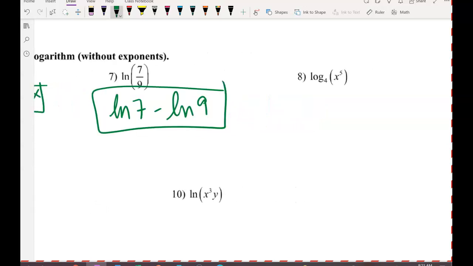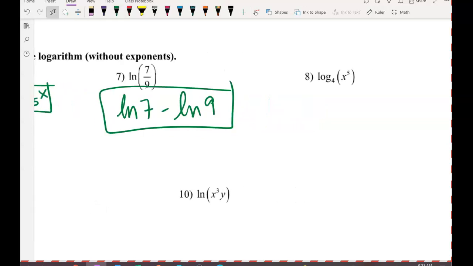All right. You try 8 as well. It doesn't want an exponent. So how do you get rid of exponent in log? Or how do you rewrite it? All right, Carter, give me the answer when you're ready, buddy.